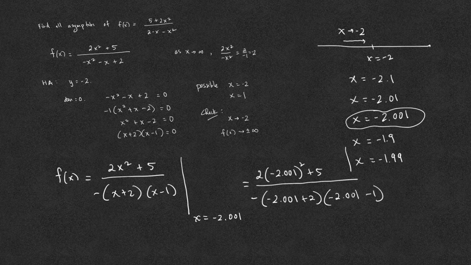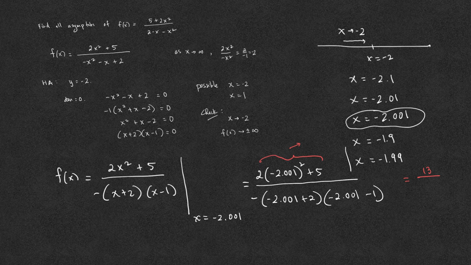Now, the numerator is a positive number, and it will be a number that is not close to 0 for sure. -2 squared is 4. That is very close to 4. 4 times 2 is 8. 8 plus 5 is 13. So that is the numerator, very close to 13.